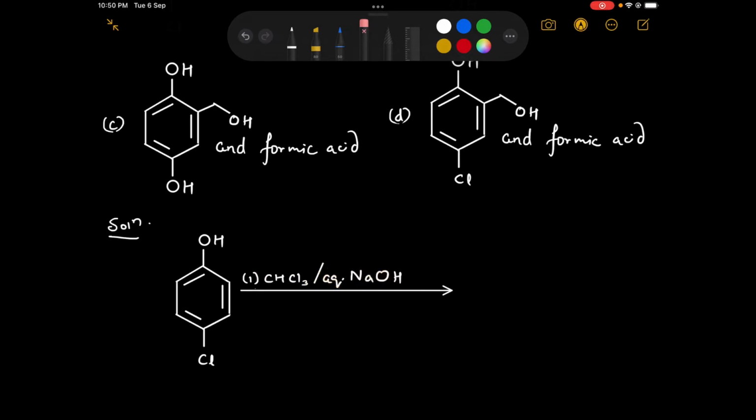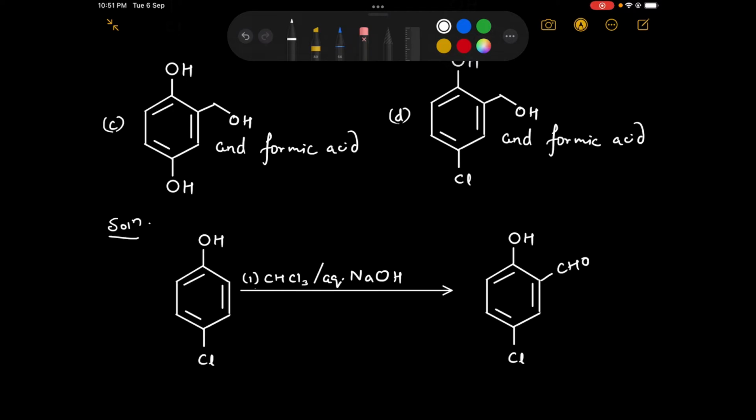When we are having chloroform and aqueous NaOH, immediately what should be clicking to our mind is the Reimer-Tiemann reaction. So in the first step we are having the formation of a salicylaldehyde here, that is at the ortho position we'll be having attack of chloroform and the final product we have is a CHO.